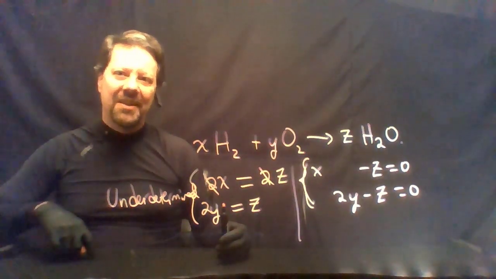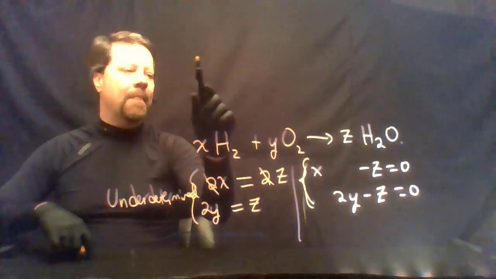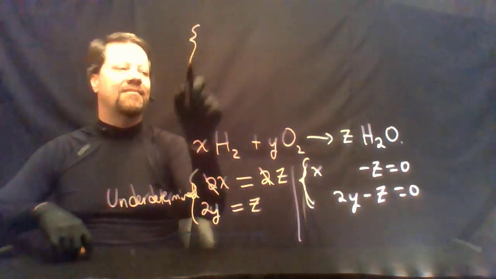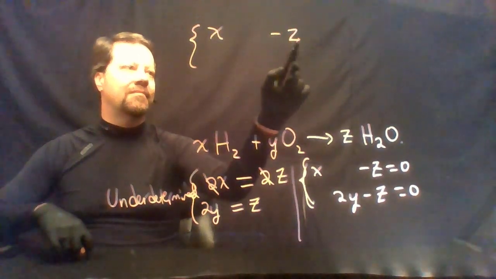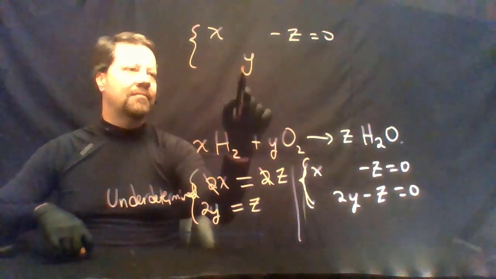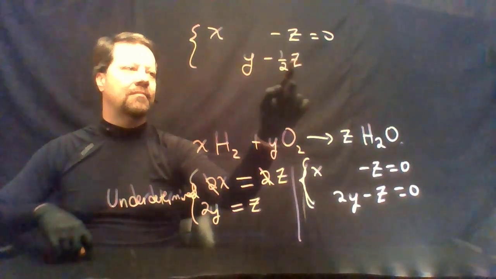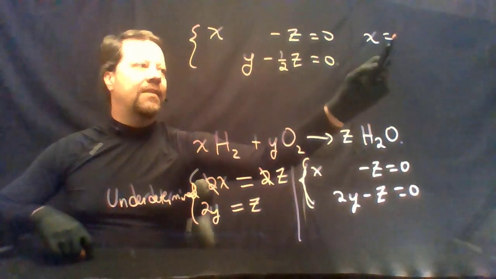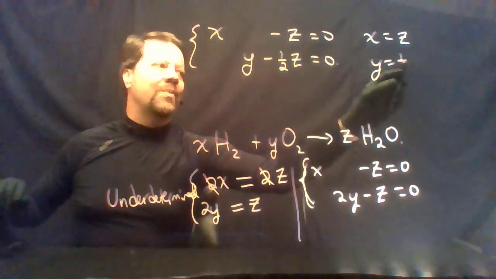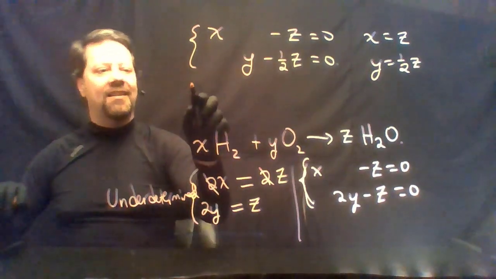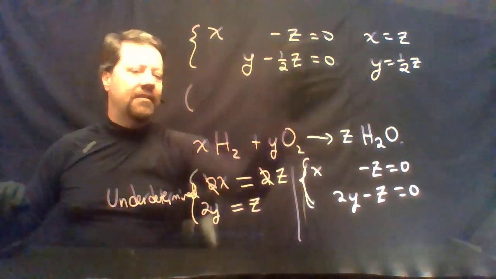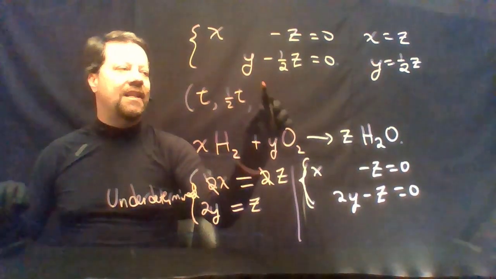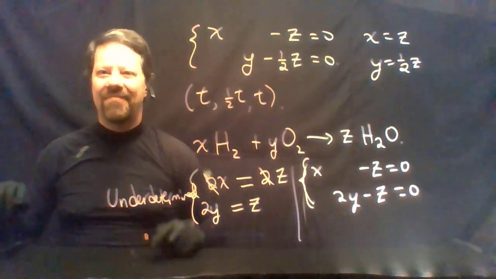To place the system into reduced row echelon form, we need to multiply the second equation through by 1/2. If we move these over, we'll have X equals Z, Y equals 1/2 Z, and we'll have solutions of the form X equals T, Y equals 1/2 T, Z equals T.